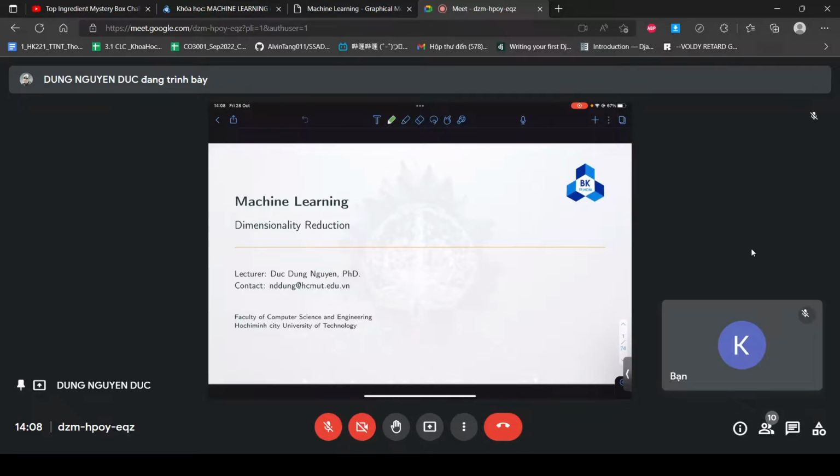And so today we are doing something very different. We are doing the task that compresses your data from a high dimensional space into a lower dimensional space. And we are talking about dimensionality reduction.